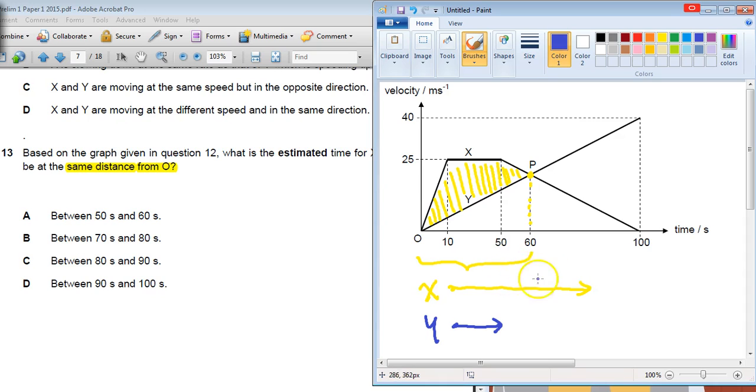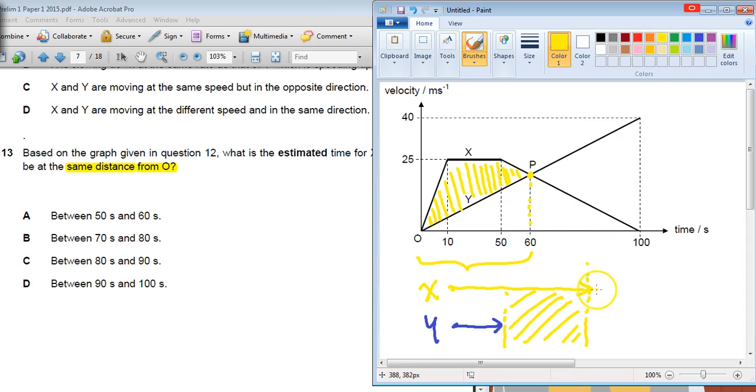So this is a snapshot of time equals to 60, and this extra bit of lead distance is represented by this yellow area here.